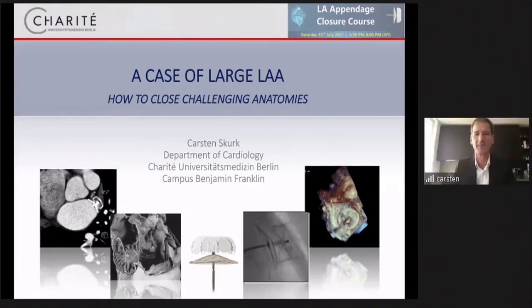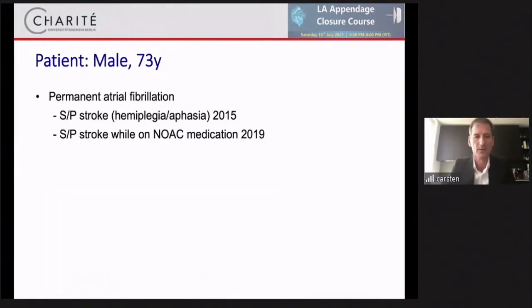Okay. Thanks again for the invitation, and so it will get a little bit practical. I will present one case of a large LAA that was possible to close with the Lambre device. So we change now from WATCHMAN or WATCHMAN FLX to Lambre. This is a 73-year-old gentleman with permanent atrial fibrillation.